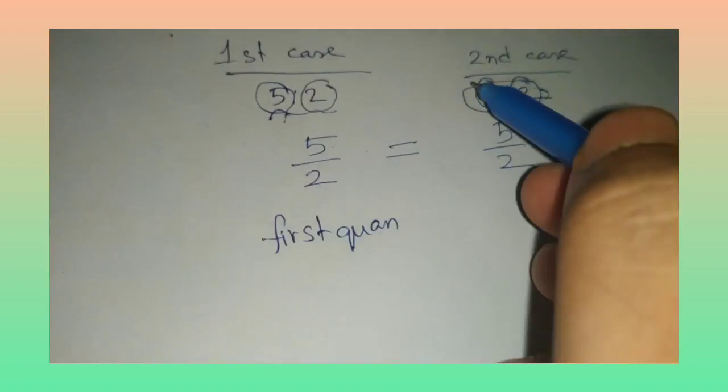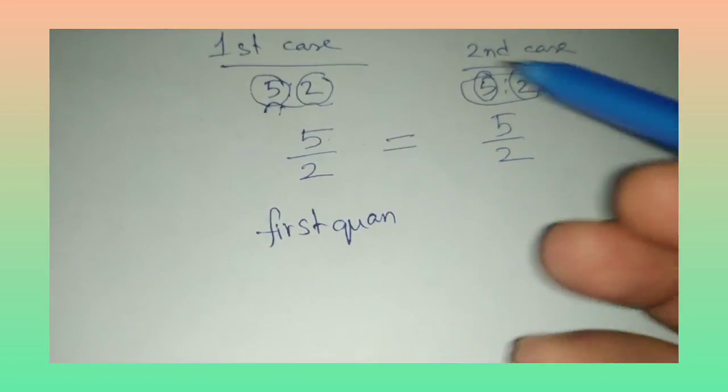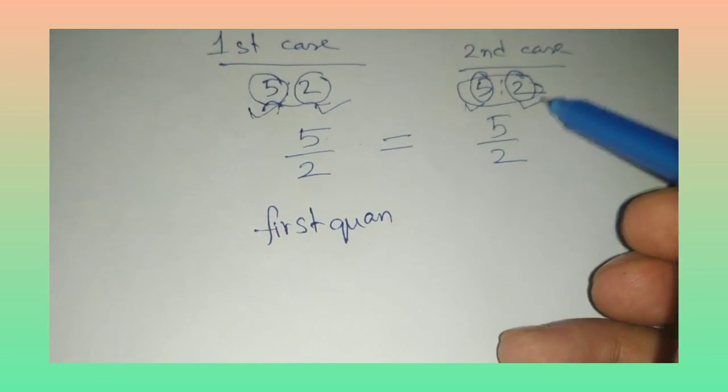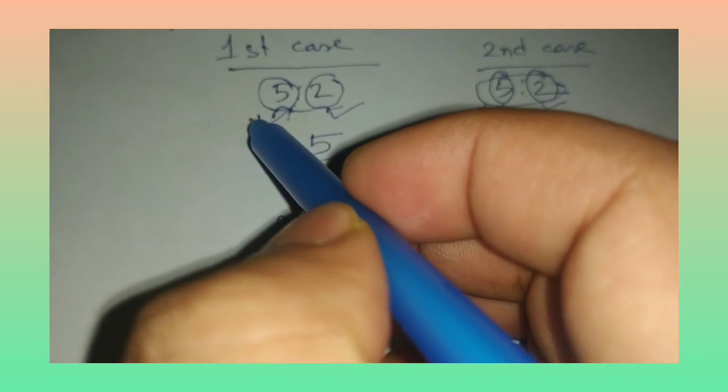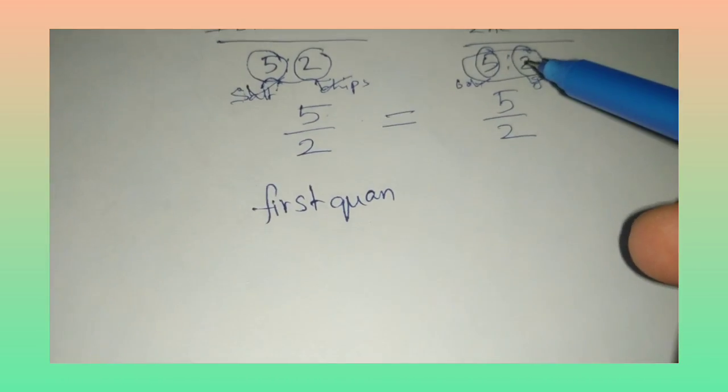We have 2 different scenarios, so we have named the different terms as quantities. So this is the first quantity, second quantity, third quantity, and fourth quantity. In the example I mentioned, this was salt, this was chips, this was boys, and this was girls. So we have 4 different quantities.